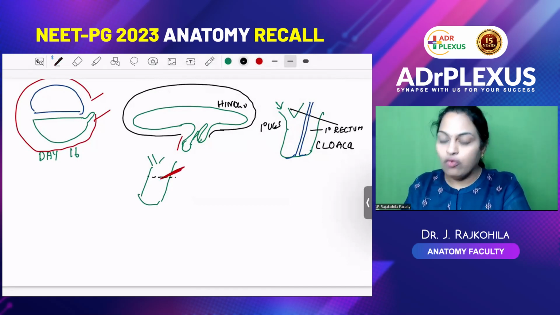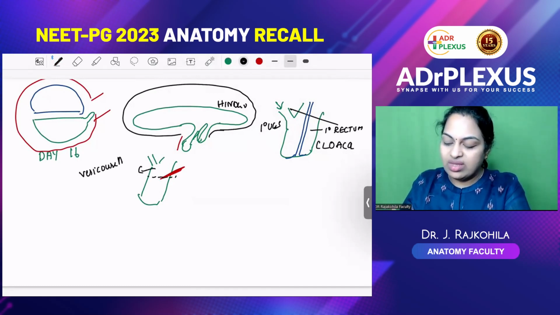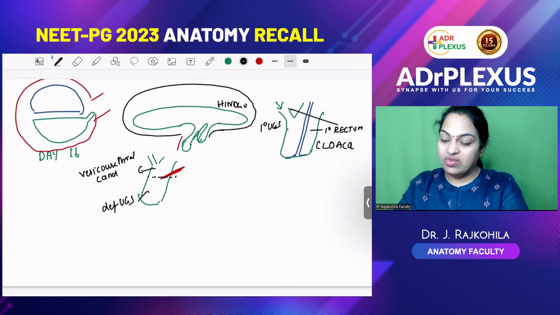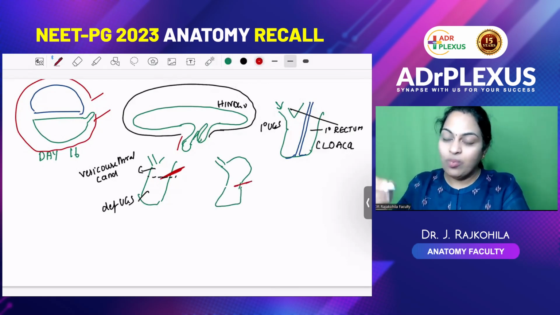The part above the opening of the mesonephric duct is called the vesico-urethral canal, and the lower part is called the definite urogenital sinus. This vesico-urethral canal is going to give rise to the urinary bladder. And where is the allantois opening now?